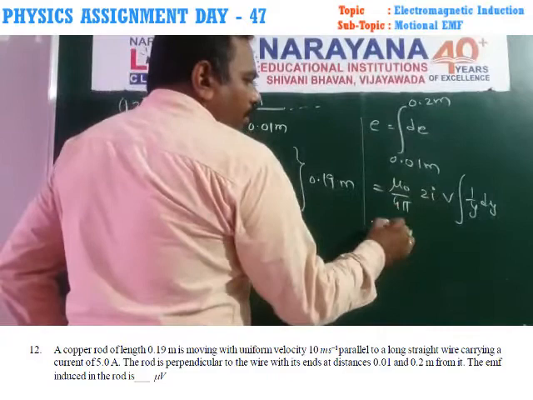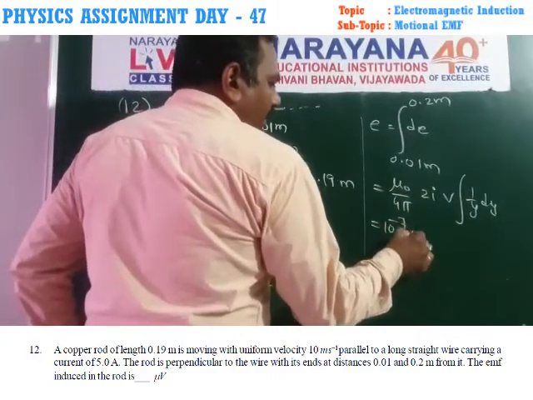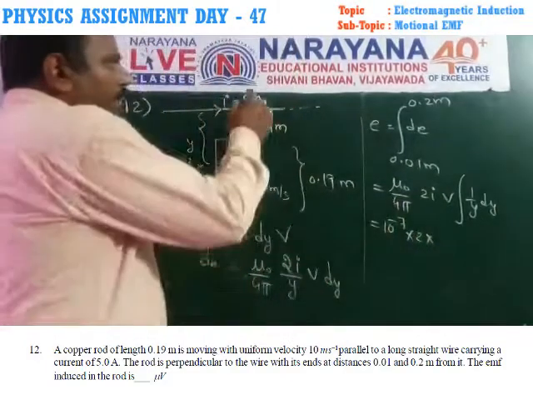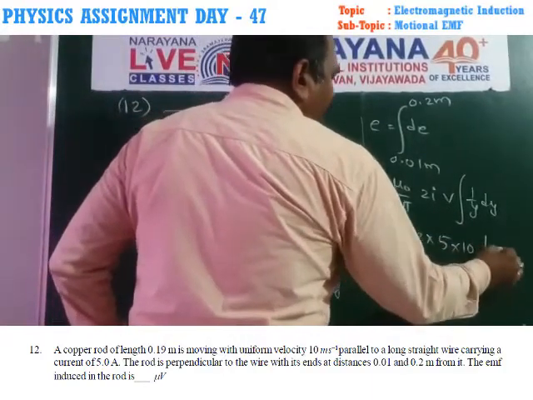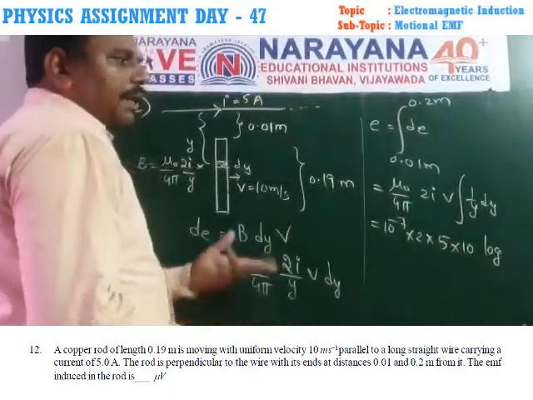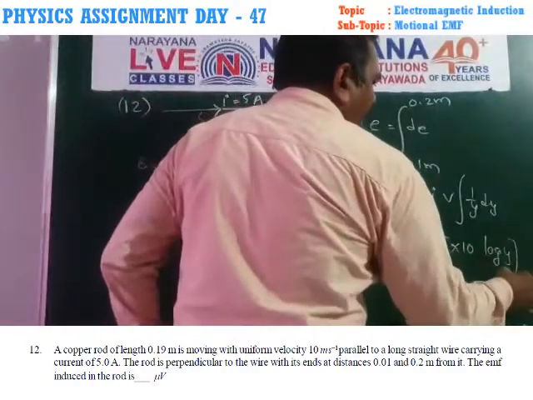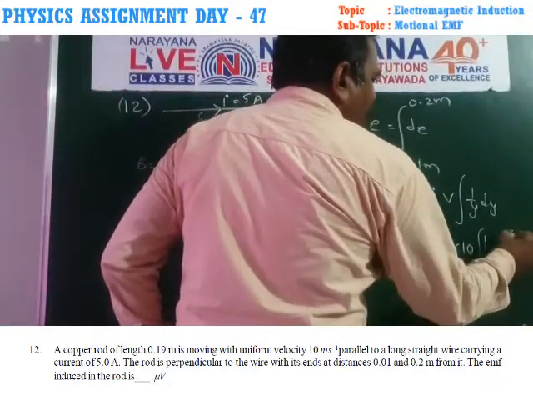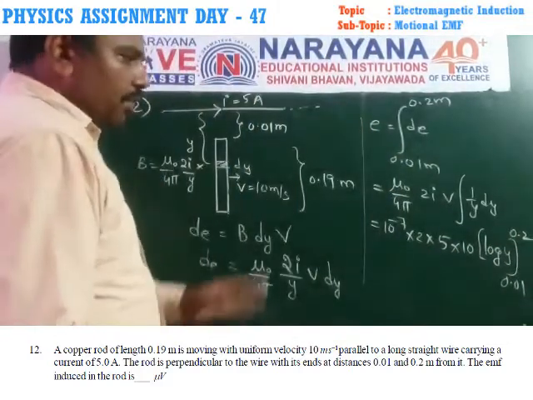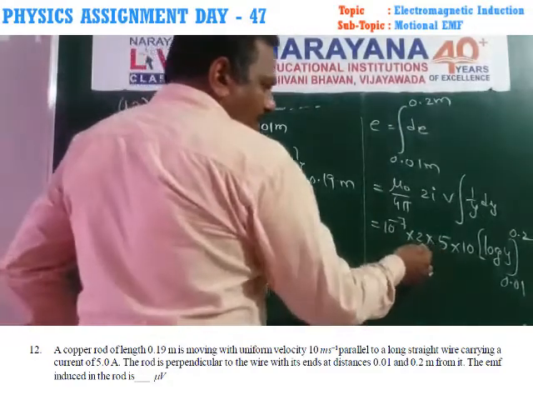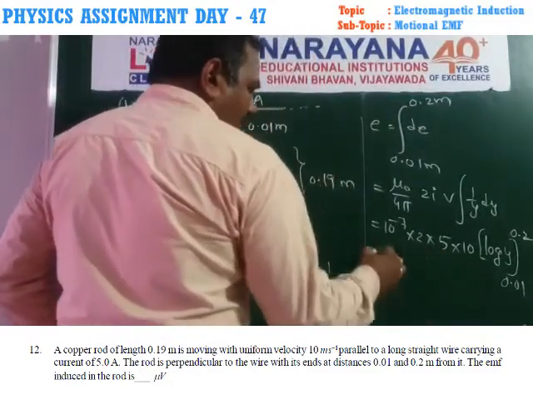So mu naught by 4 pi is 10 power minus 7, into 2, into the current flowing in it, which is 5, speed is 10. We get log y, upper limit minus lower limit. Log y, upper limit is 0.2 minus lower limit is 0.01. So on calculating it, 5 into 10, so 10 into 10, 100 is there.